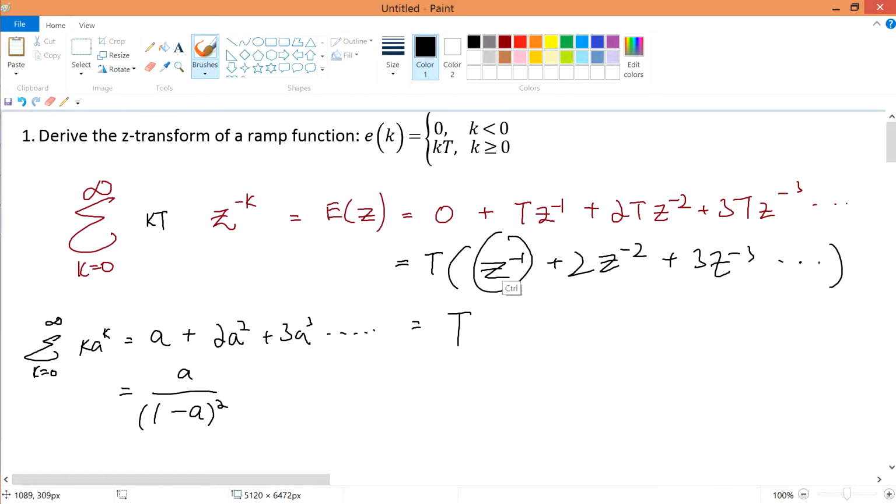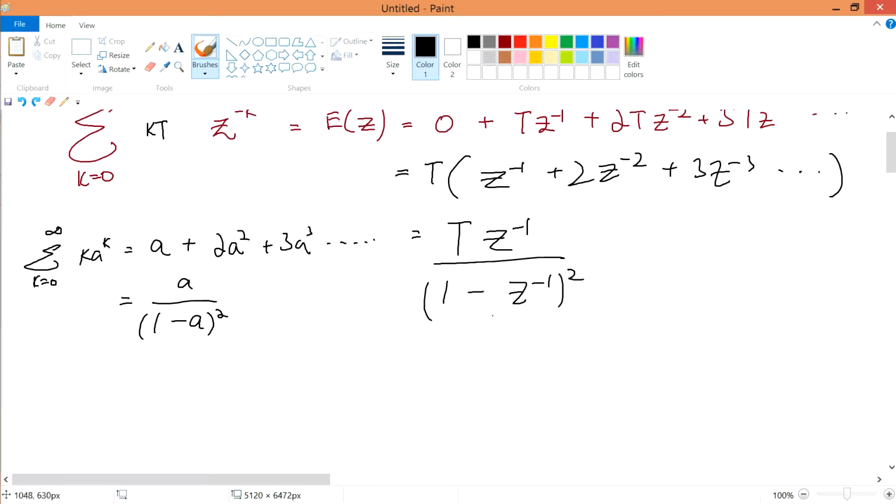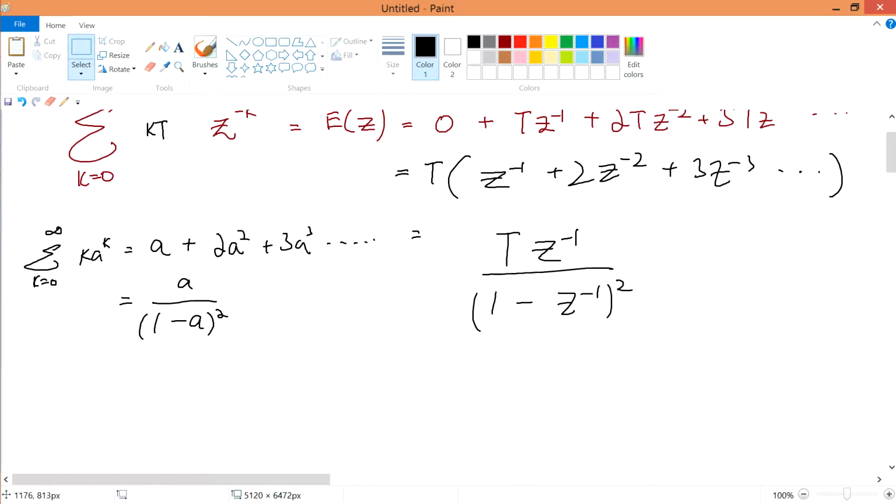So I know that my z^-1 is a, so I have T z^-1 over (1 minus z^-1) squared.